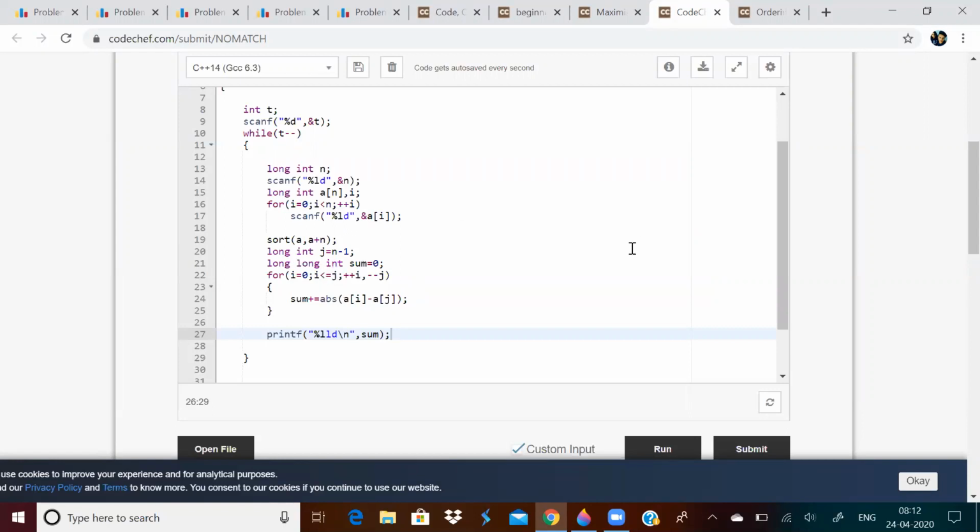That is, if i becomes greater than j, we break, which essentially means we have formed all the pairs. And I'm doing sum plus equal to absolute of a of i minus a of j, which is basically smallest minus largest absolute, second smallest minus second largest absolute, like that. And I'm printing the sum.